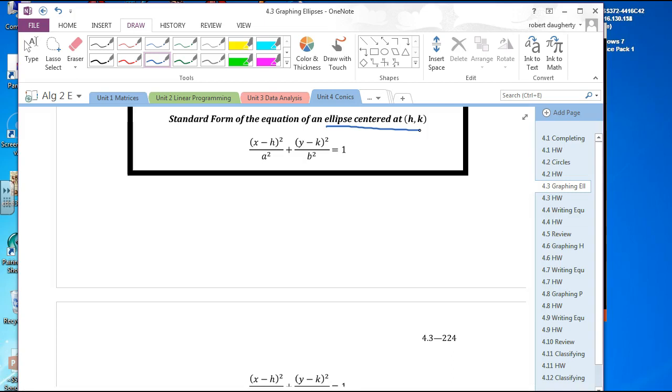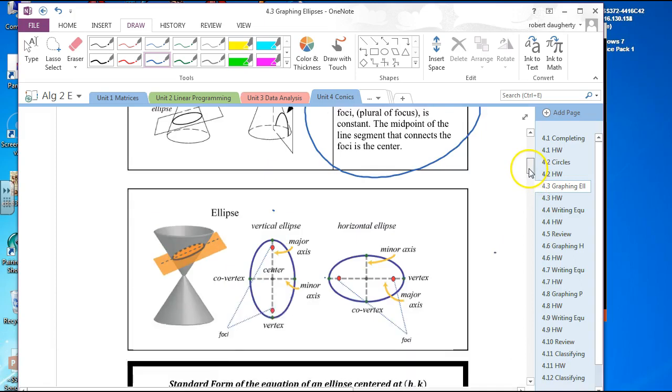Now, A, in this case, is going to be the distance along the horizontal. Okay, so if we look at this particular problem right here, the distance from here to this vertex, that is going to be A. And then the distance from the center to the vertex at the top, that is going to be B. Same thing here.